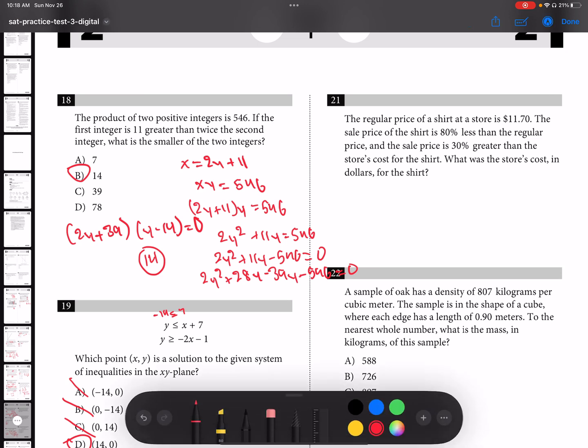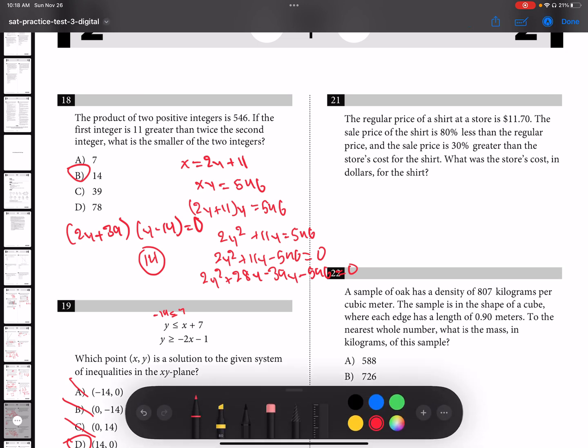Alright, 21. The regular price of a shirt is 11.7, and the sales price is 80% less than regular. For this one, given the regular price of a shirt, we find the sales price by doing 11.70 times 1 minus 80 over 100. That gives us 11.70 times 0.2, which is equivalent to 2.34.